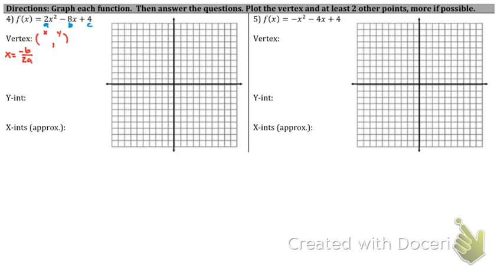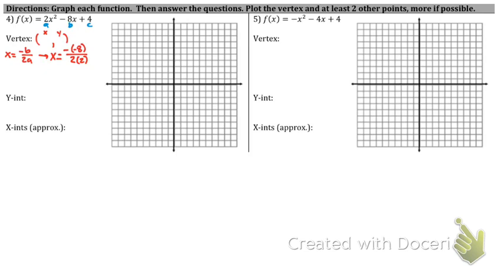I'll show you what I'm talking about when we start graphing this thing. Okay, so now let's do this math. I'm going to plug in b. So x equals negative, for the formula, and then my b value is negative 8. So negative 8 all over 2 times a, which is 2.